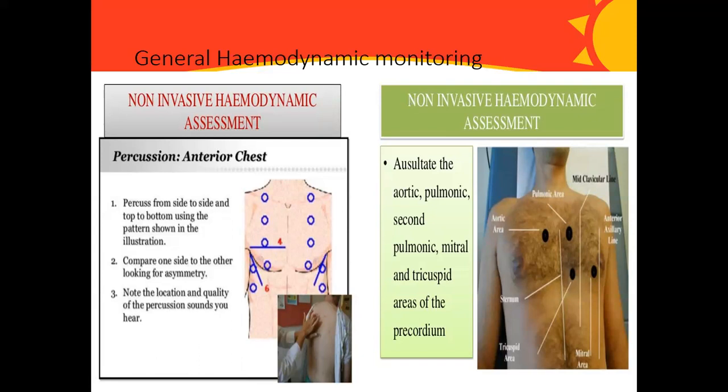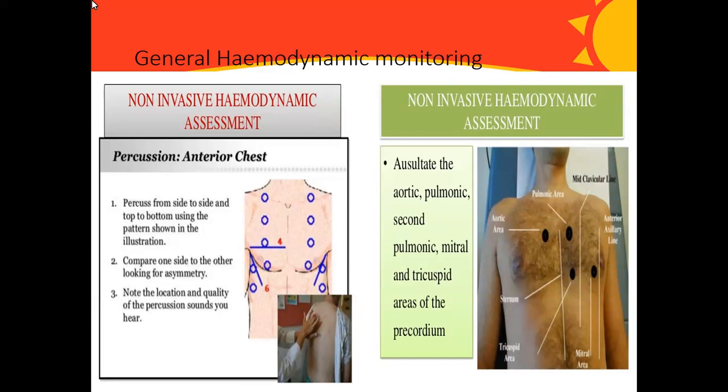Then you want to auscultate, and there are different auscultation areas: the aortic, the pulmonic, the second pulmonic, mitral, and tricuspid areas of the precordium, as you can see here. So following the IPPA, you want to inspect, palpate, percuss, and auscultate.